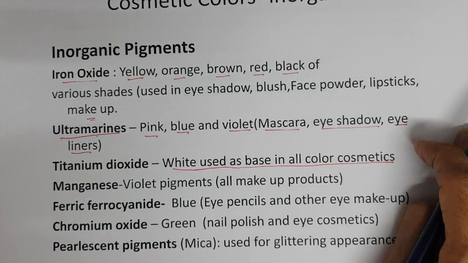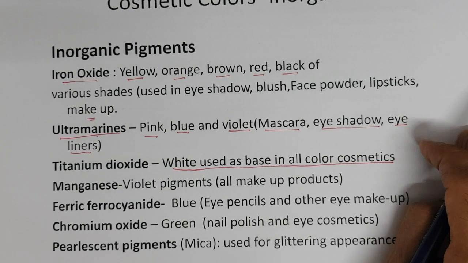Its refractive index gives a very strong white base, so that the other colors are lifted up very well in the presence of titanium dioxide. So in all color cosmetics, whether it's lipsticks or makeups or compact powders or face powders, everything has titanium dioxide as one of the ingredients.